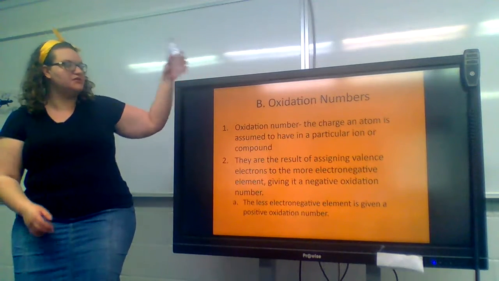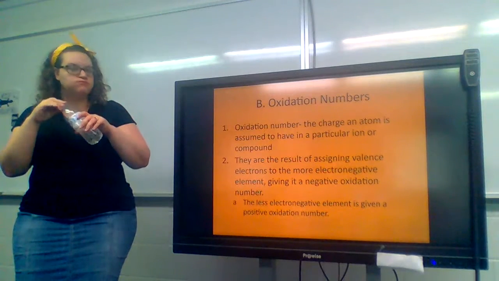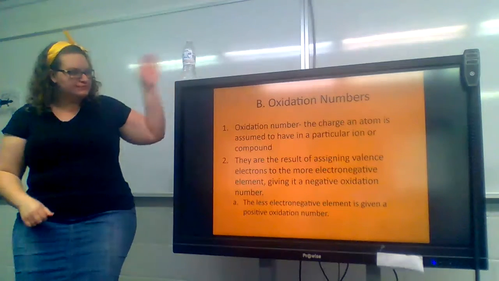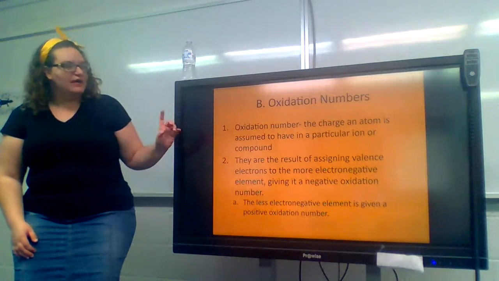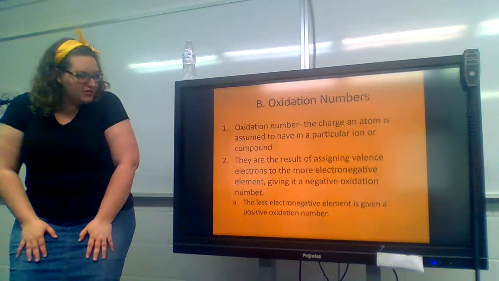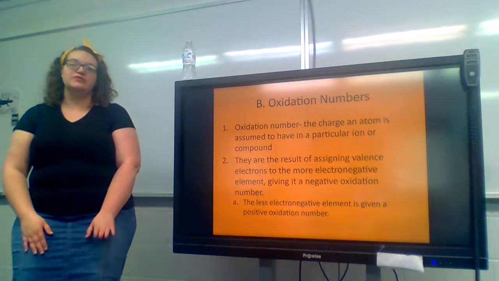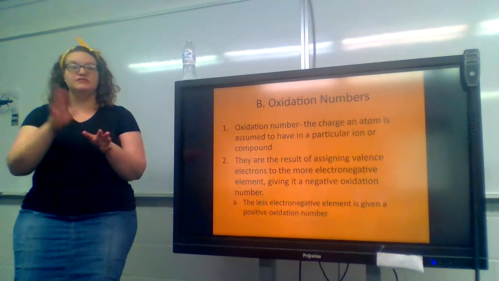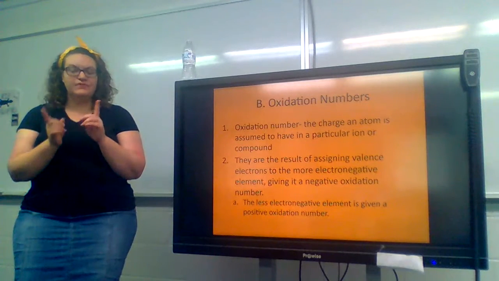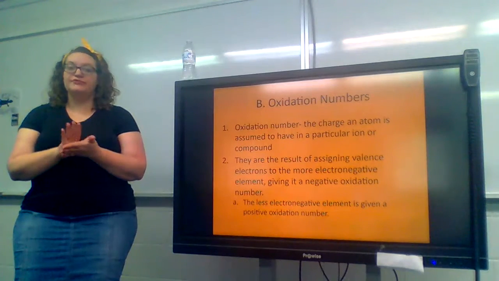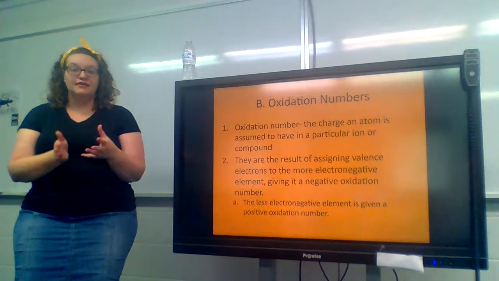All right, oxidation numbers. Oxidation number is the charge an atom is assumed to have in a particular ion or compound. So is it charged positively? Is it charged negatively? Is it a neutrally charged object? And that charge, as we've talked about, is all based on, you guessed it, the electron count.